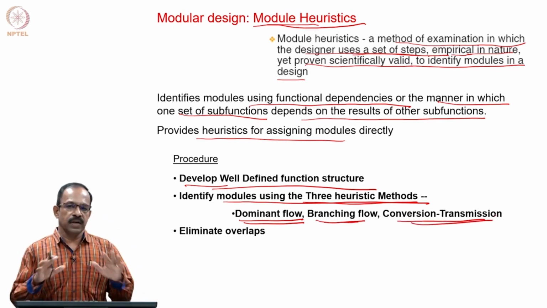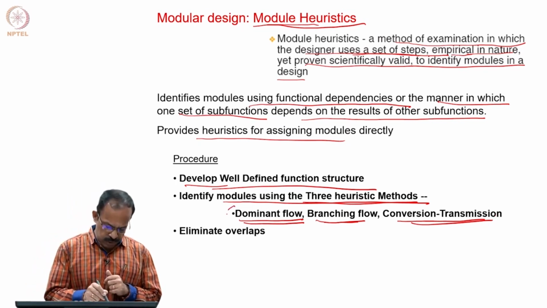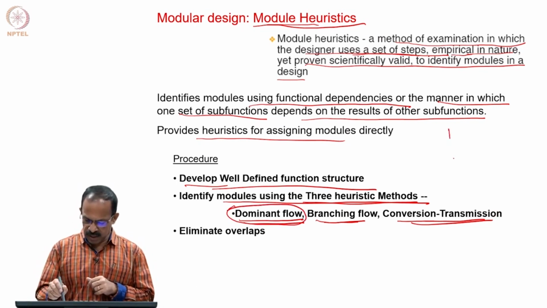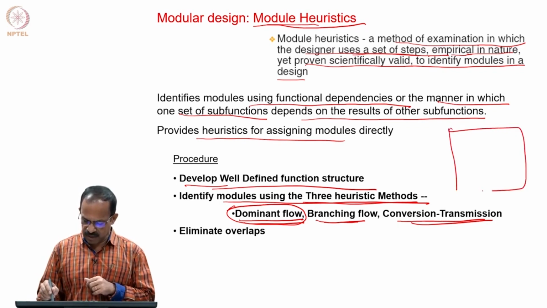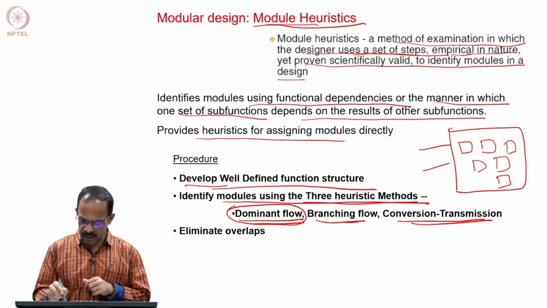So, we look at the function structure and then try to see what is the most dominant flow in that function structure. As you know, the function structure will have all the functions identified within the box, and then we look at these functions and see what kind of flows are there. So, we have the material, energy and information.